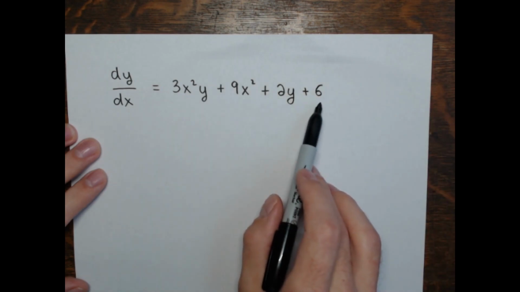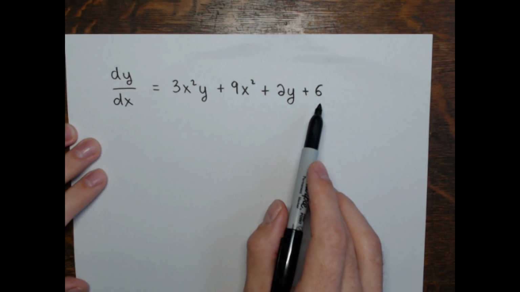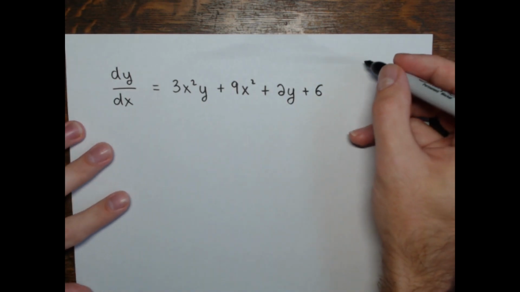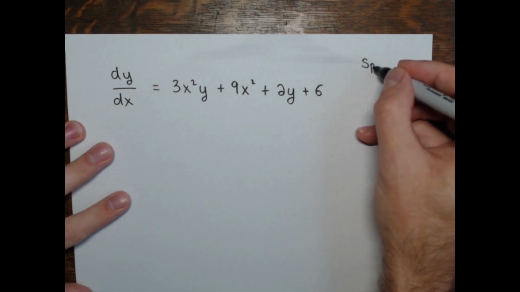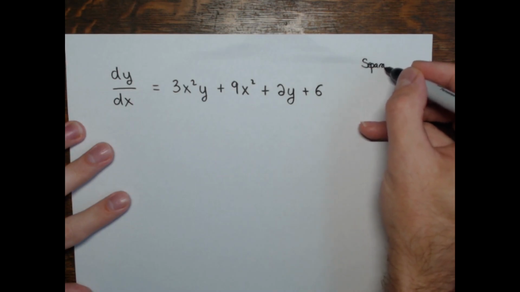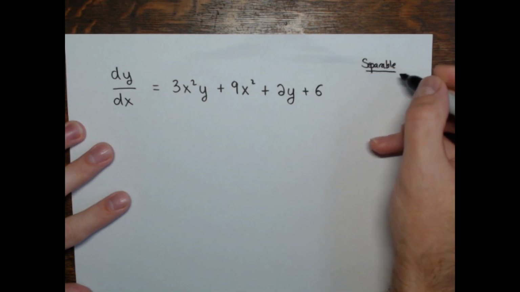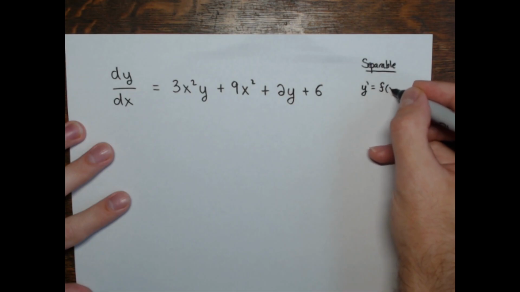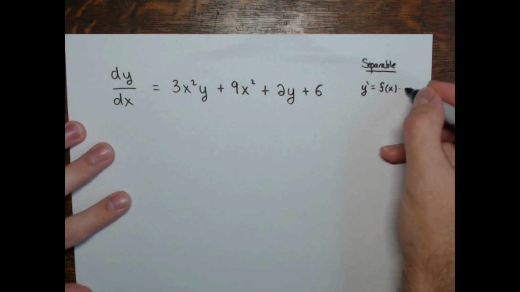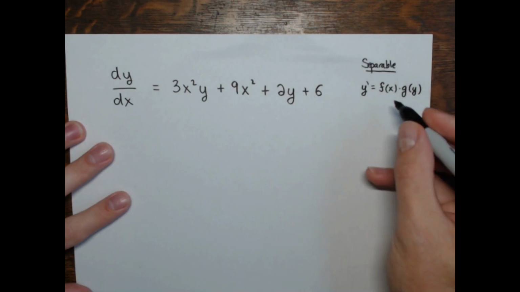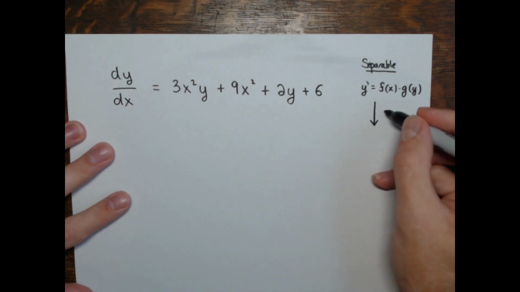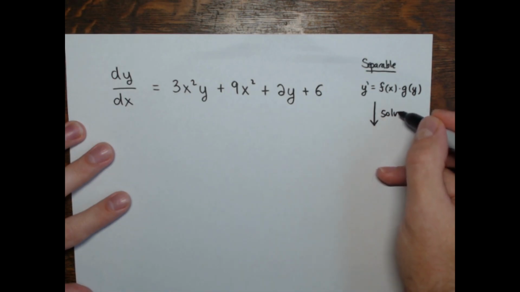Now this is not of the form f of x times g of y, right? Again, remember what I said on the last example, right? An equation is separable if it can be expressed this way. Y prime equals some function of the independent variable times some function of the dependent variable. And when they talk about solving an equation like this, here's what's going to happen.